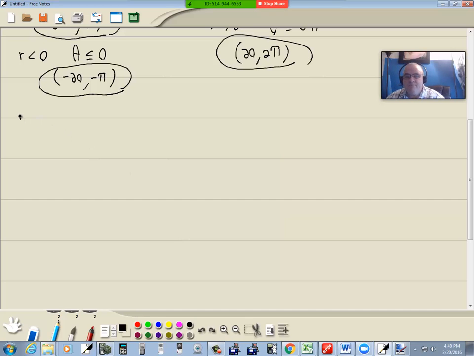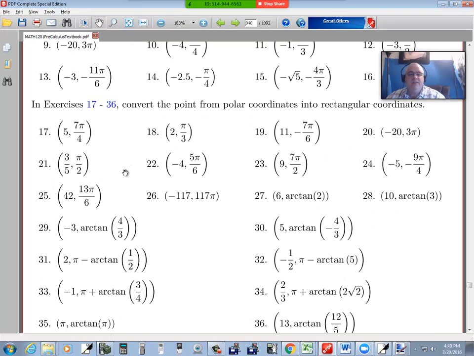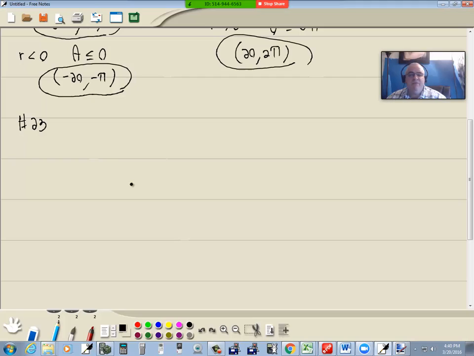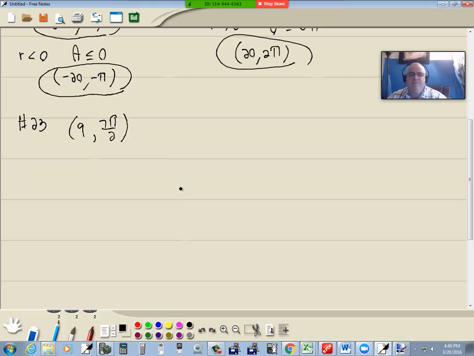Okay, 23. 23 says we got 9, 7 pi over 2. Convert the point from polar into rectangular. Now this is going to be r, and this will be theta.